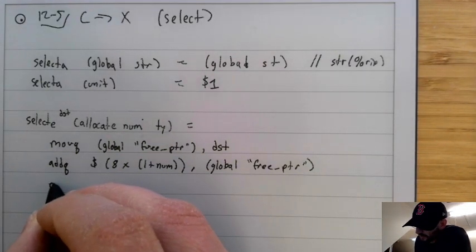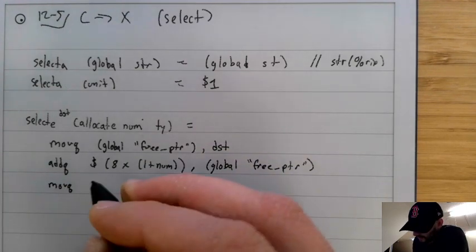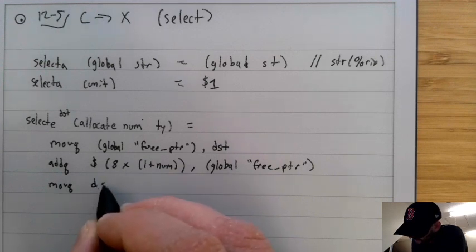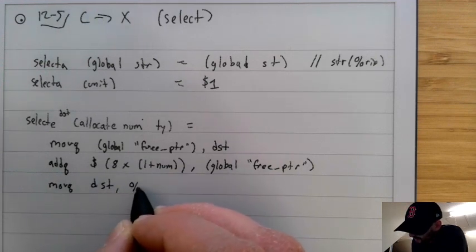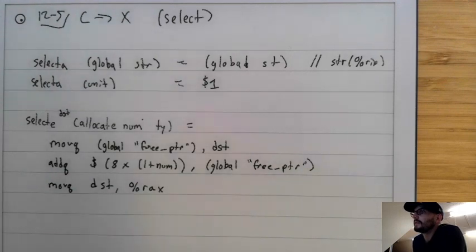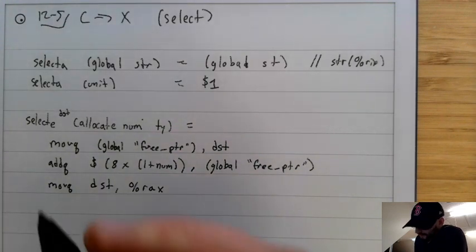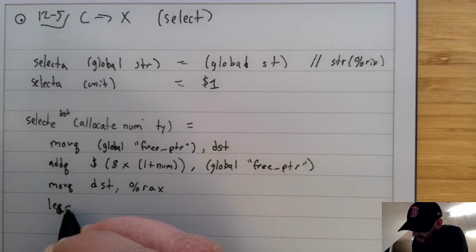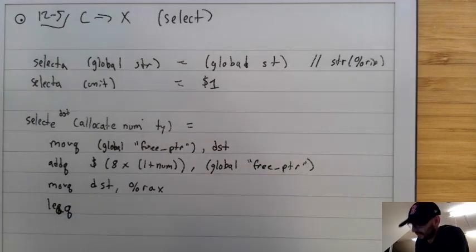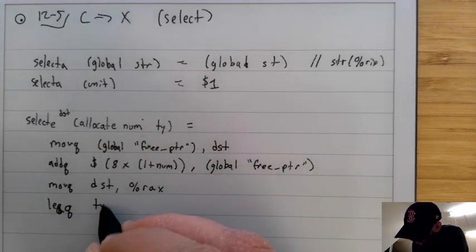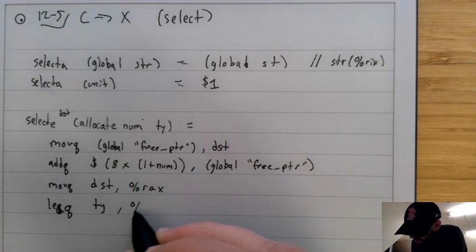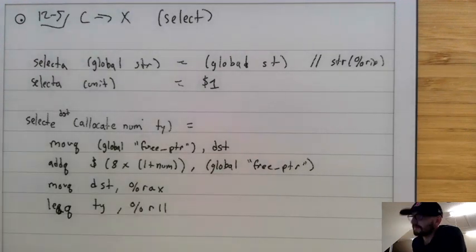Next, what we're going to do is move Q, the destination, into RAX. Then we're going to load the effective address of this type, that type right there, and we're going to put it inside of %R11.